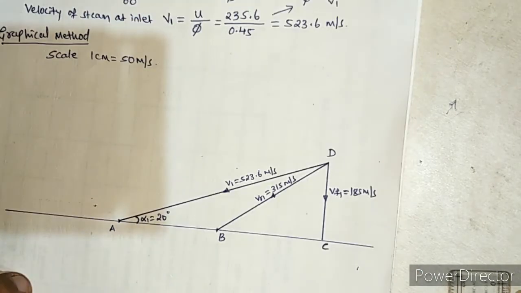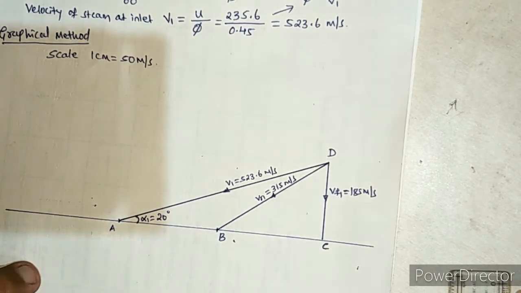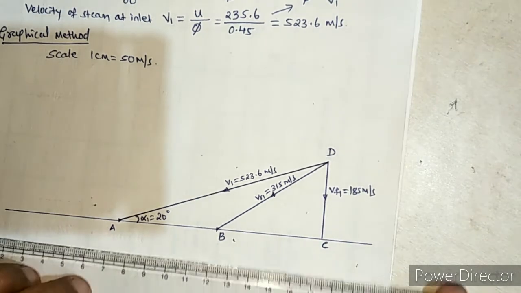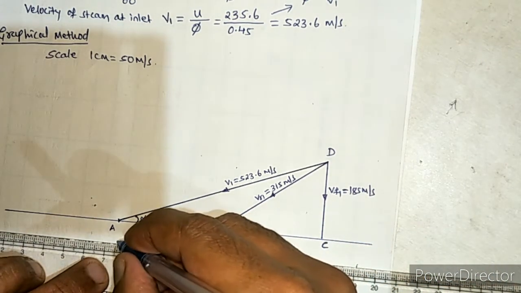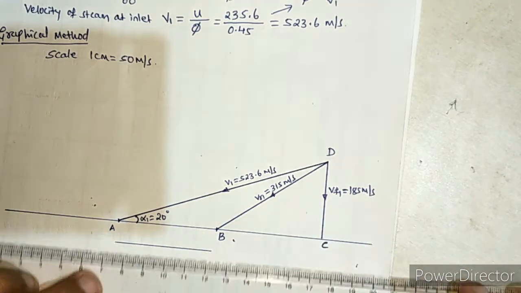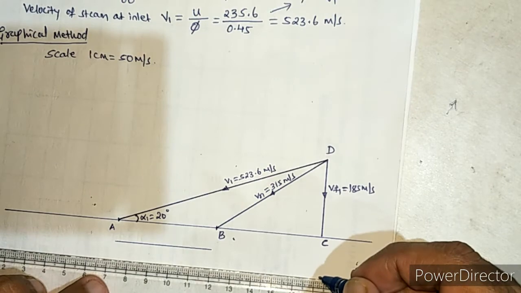Then I will calculate X. Okay, I will draw a line here. So this is U and this is VU1.